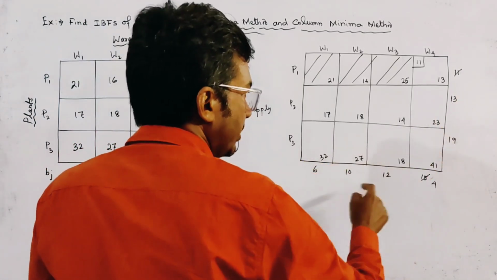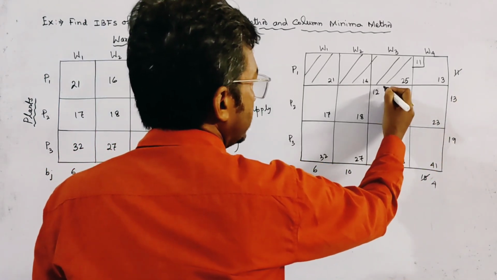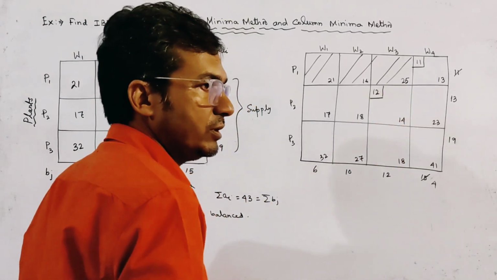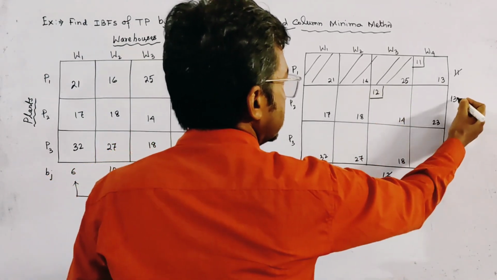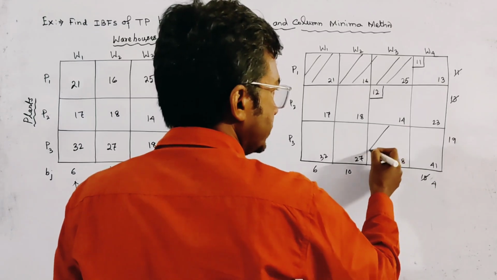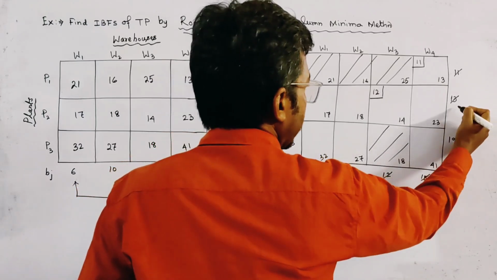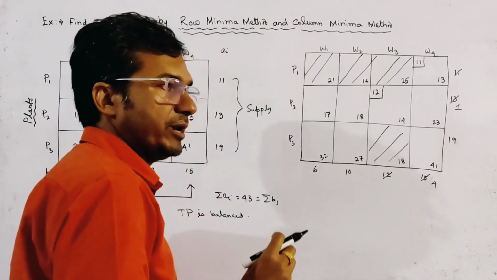This is supply, this is demand, and clearly this is 12, we put 12. Now this demand is fulfilled, so this column is crossed out, and here 1 unit of supply remains.